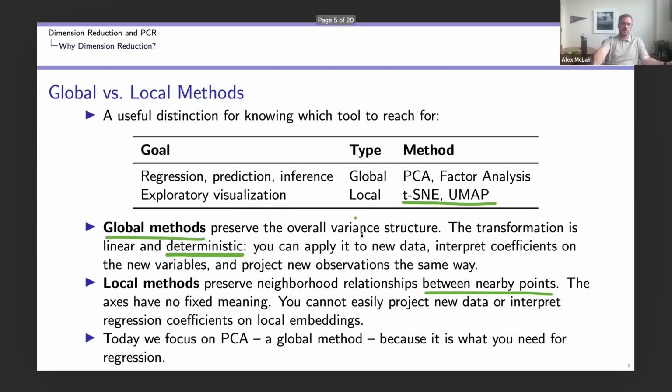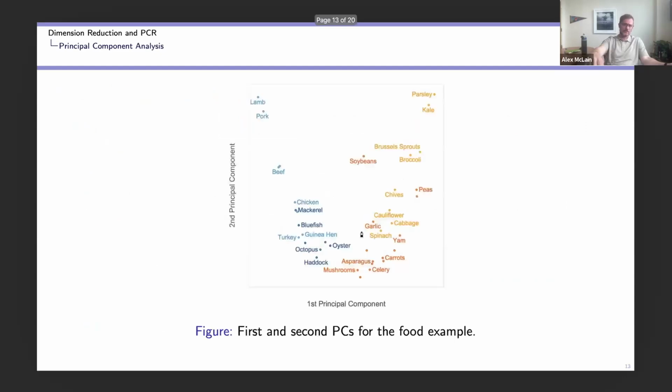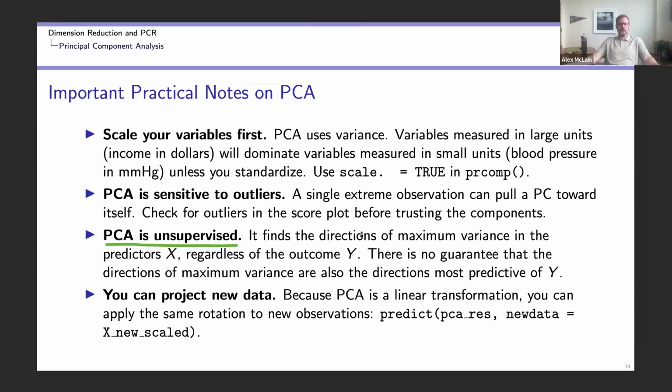The dimension reduction methods are not necessarily related to anything. In theory, you would think that they are, but they're not necessarily related.